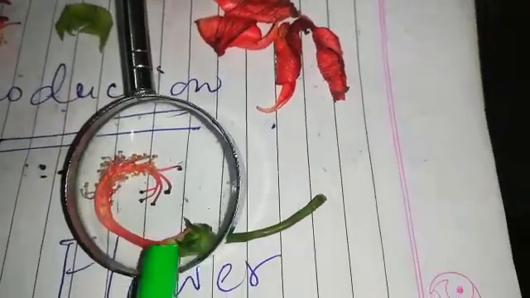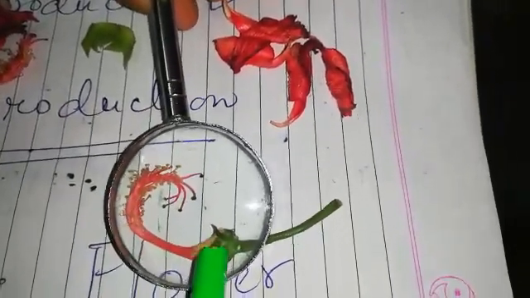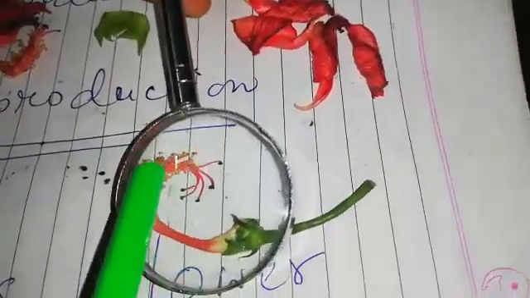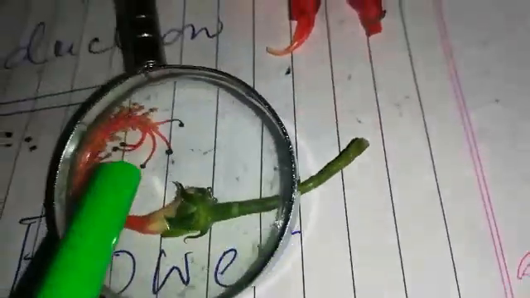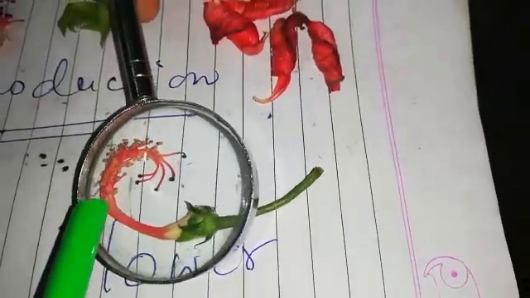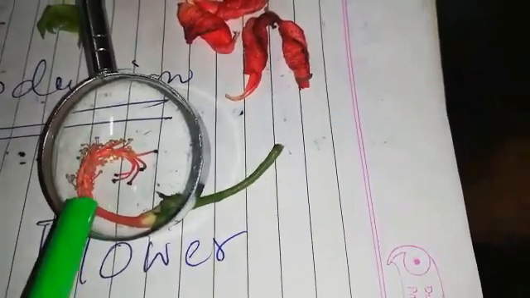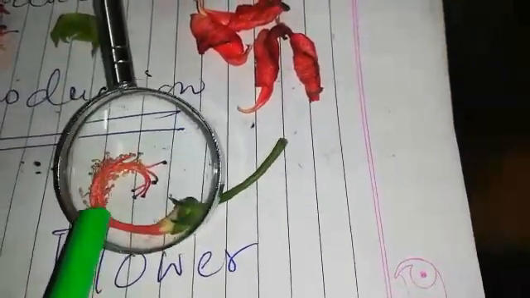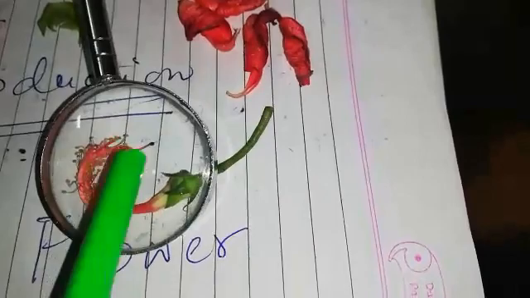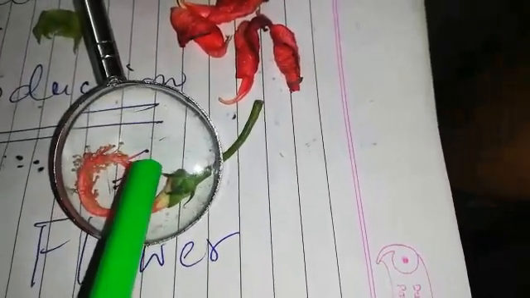Now I'll talk about the female reproductive part, which is the innermost and the fourth whorl of a flower. It is also called the pistil. It consists of carpels, the fourth innermost part of the flower. Each carpel or pistil has three parts. Here the top part is called the stigma.